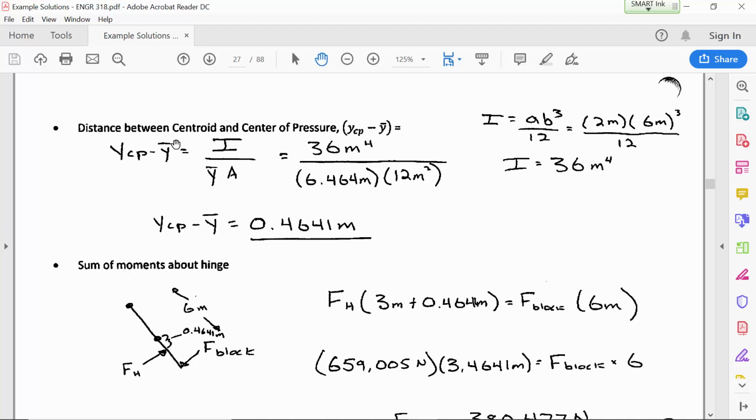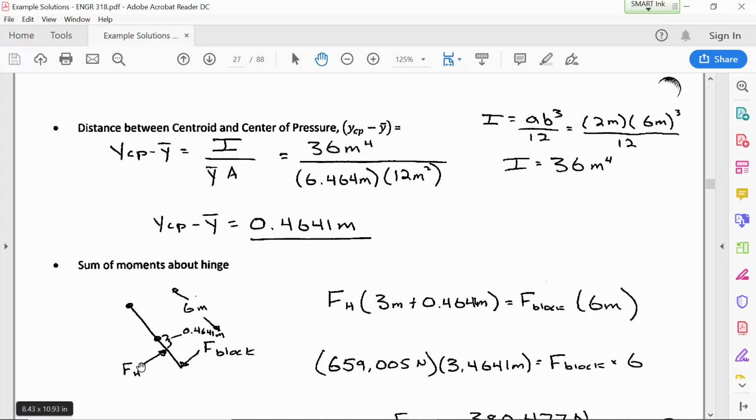So just in the YCP formula, moving the Y bar over to the left-hand side of the equation is going to give you how far below the centroid is the force applied. So you'll notice here I've got that gap distance between them dimensioned as 0.4641 meters.